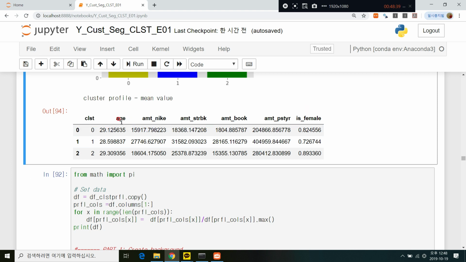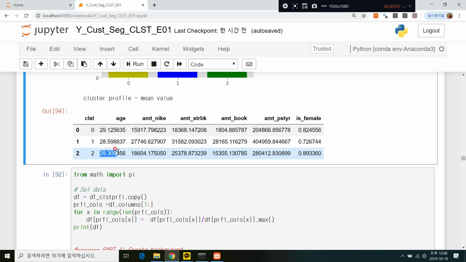Using the mean function, we aggregated each variable to understand what the group means. Cluster 0 is in the middle in terms of age.